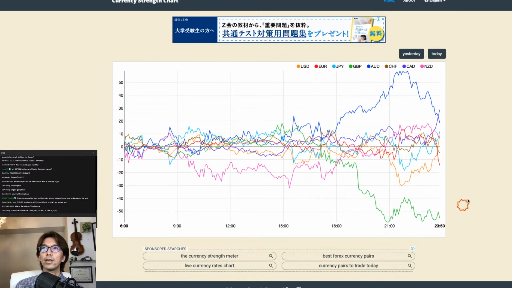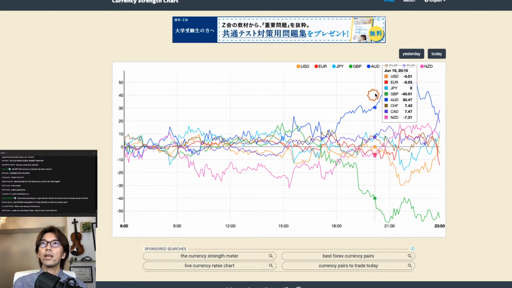So I can see that all these GBP pairs are volatile right now. Looks like AUD is getting stronger now. If you look at the AUD pairs, for the recent 2 or 3 hours, it is retracing. So you have to be careful on AUD.